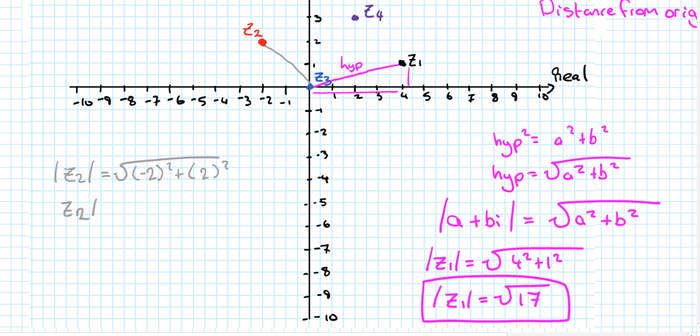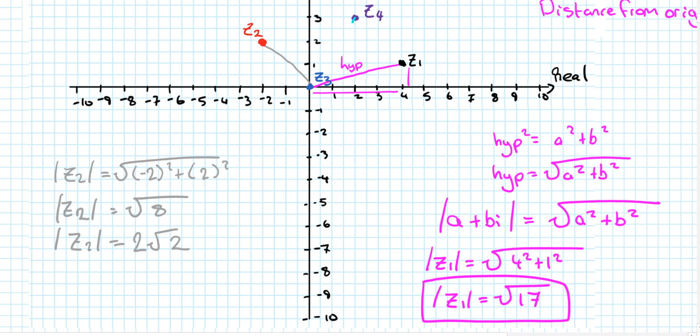The modulus of Z2 is the square root of 8, and that works out to be 2 root 2. It's noteworthy why I didn't simplify the modulus of Z1 any further: it's because 17 is a prime number, so it doesn't simplify. But 8 is not a prime number, so it does simplify.